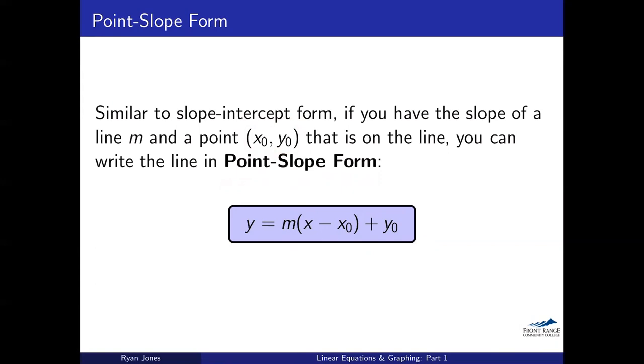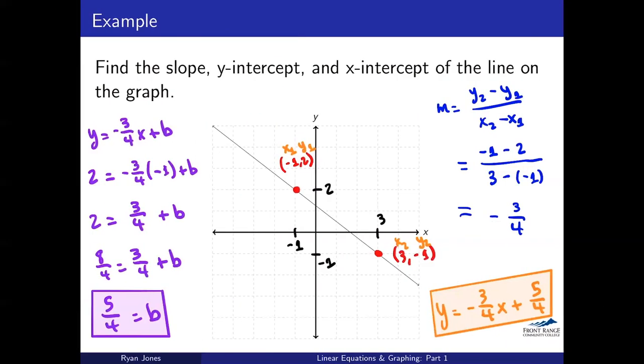So let's go back and look at this example here. We've got this graph right here, and let's use this one because it's a little bit cleaner. We don't have as much written on it.